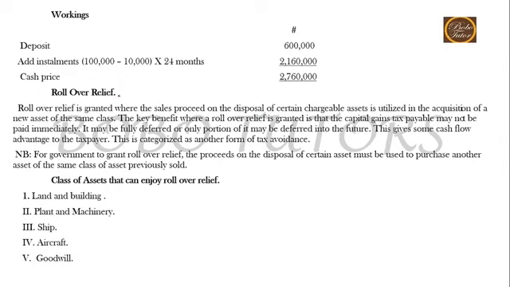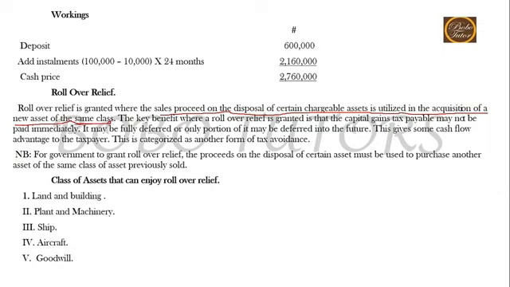So let's read. Rollover relief is granted where the sales proceeds on the disposal of certain chargeable assets is utilized in the acquisition of a new asset of the same class. You see this: the amount you collected when you sold that asset, you use that money to buy another asset of the same class.